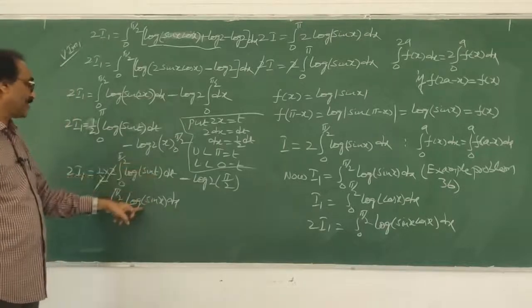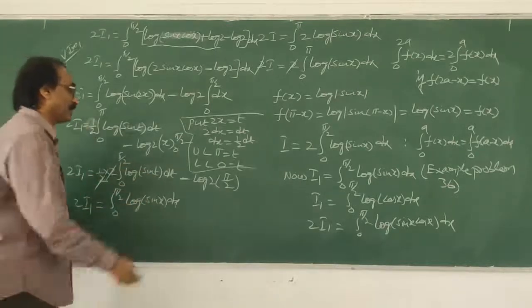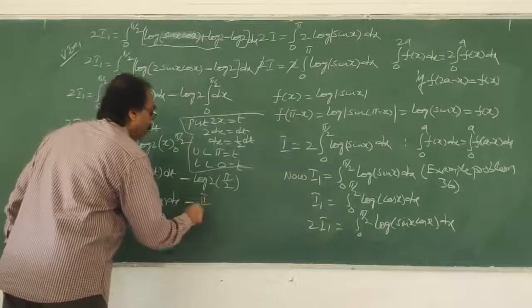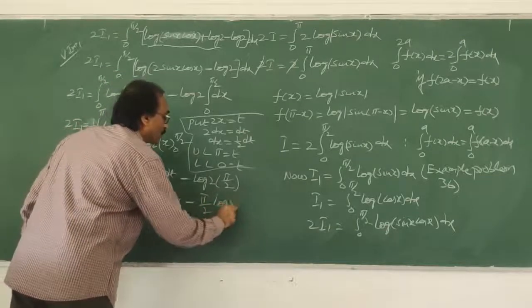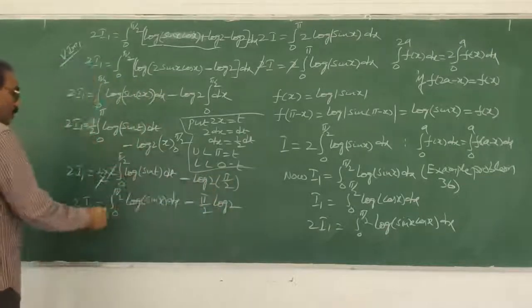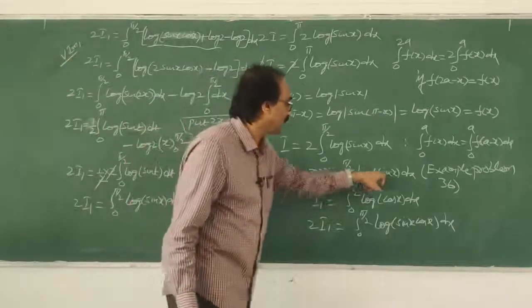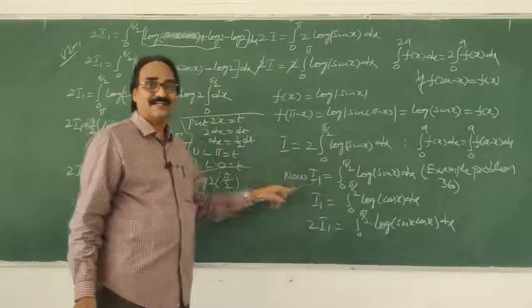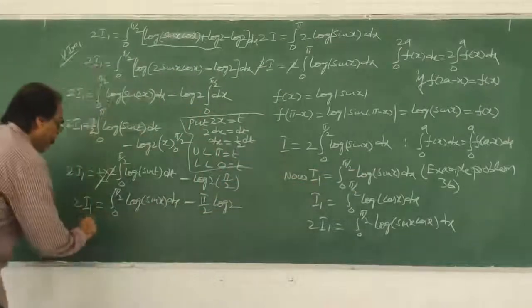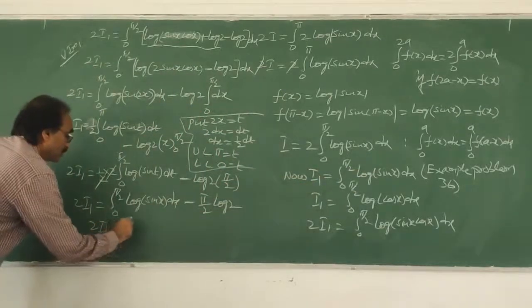Instead of t I wrote x. Understood? Okay. Minus pi by 2 log 2. The integral 0 to pi by 2 of log sin x is how much I said? I1. So I'll write I1 here. So 2I1 is equal to I1 minus pi by 2 log 2.